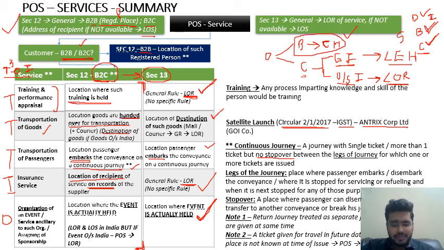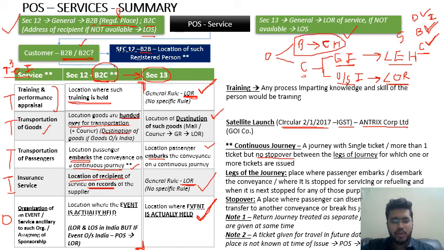So now, as we saw, there are other 3 or 4 more segments to this, which we will cover in 1 or 2 videos, so that we have an in-depth discussion of place of supply of services. So I think this video will give you a good start in comparing with the general rule to start with the specific rules also, and the other provisions also we'll be discussing in the next video.